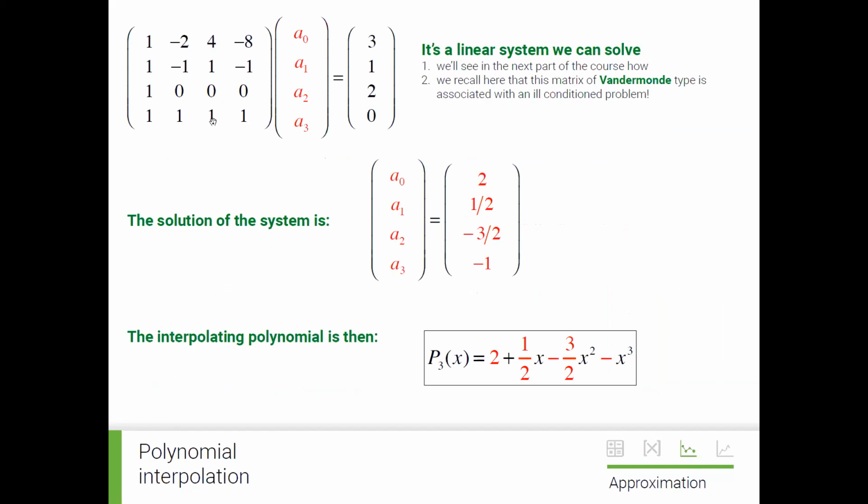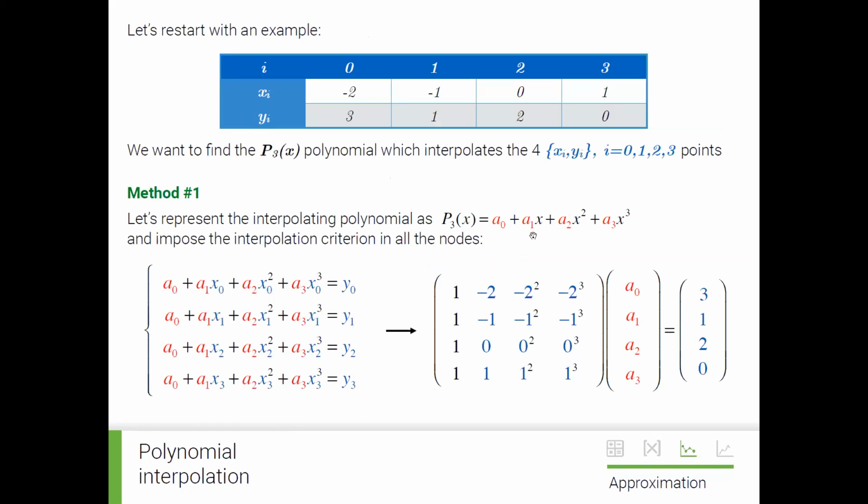And the solution of this system, after solving it, gives these values: A0 is 2, A1 is half, A2 is minus 3 over 2, and A3 is minus 1. So they are the coefficients of our polynomial P3(x).